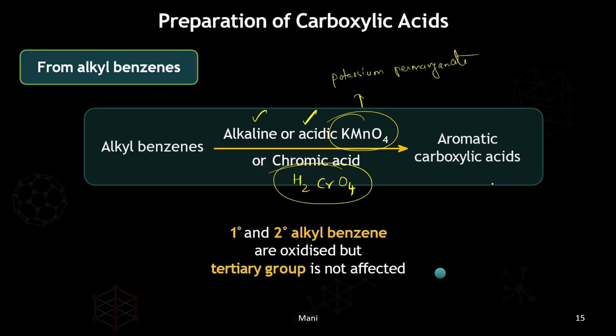Remember, only the primary and secondary alkyl groups can be oxidized to the carboxylic acids. When it comes to the tertiary alkyl groups, they do not react. Only the primary and secondary will show the carboxylic acids. Tertiary will not show anything.